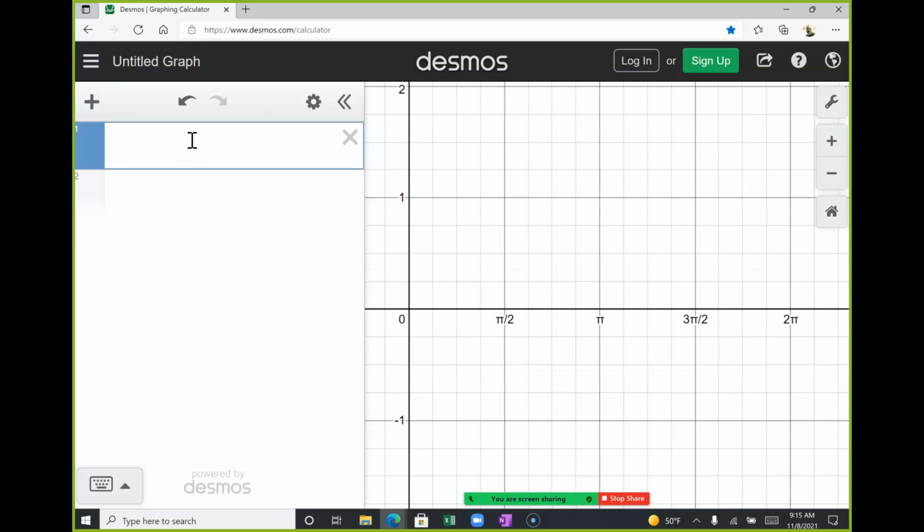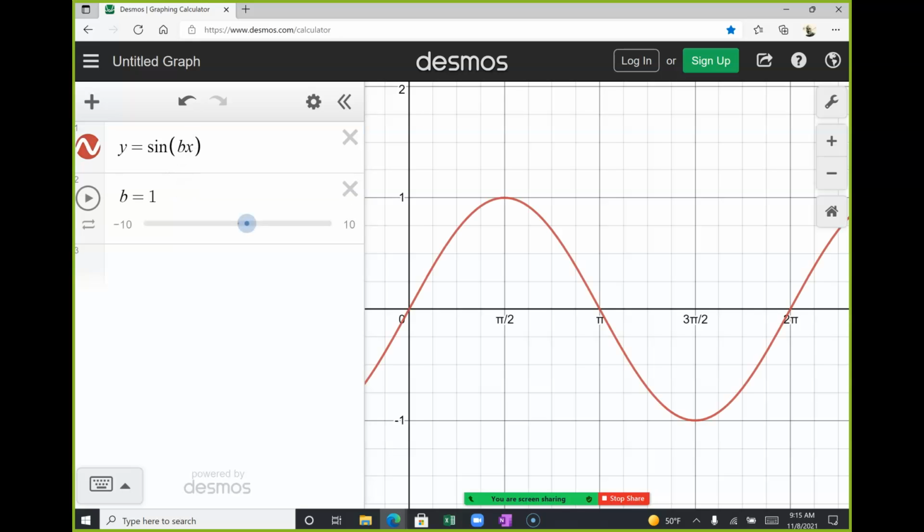So I'm going to graph y equals sine of bx. And I'm going to make b a slider. So there's b as 1, right? And I guess I should put the mother on there, y equals sine x, right? No slider involved.